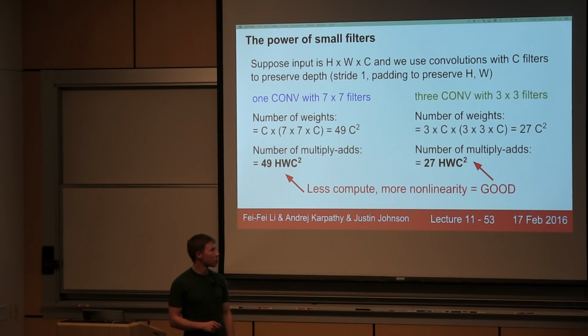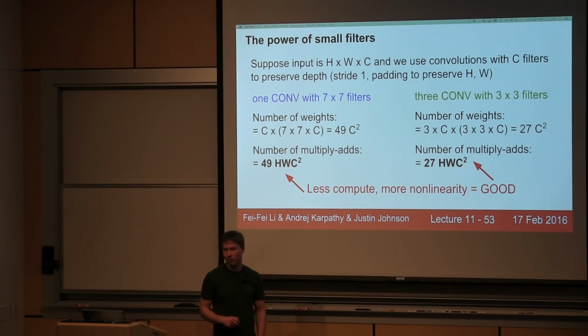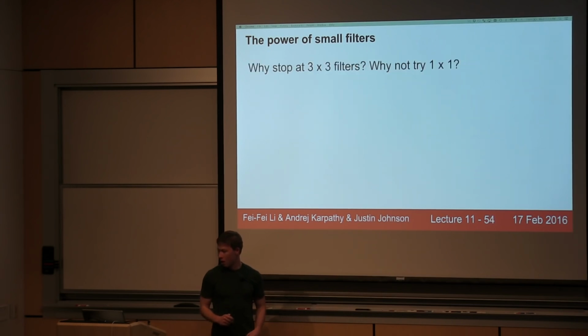So the stack of 3x3 convolutions gives us more nonlinearity for less compute. That gives you some intuition for why having multiple layers of 3x3 convolutions is preferable to large filters.